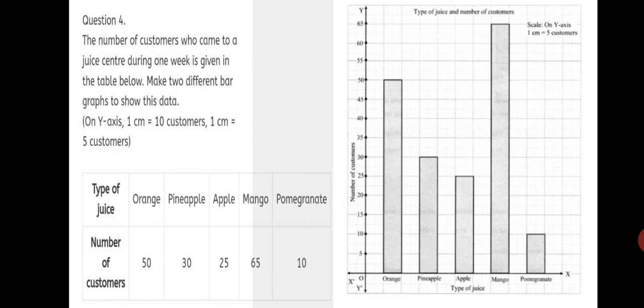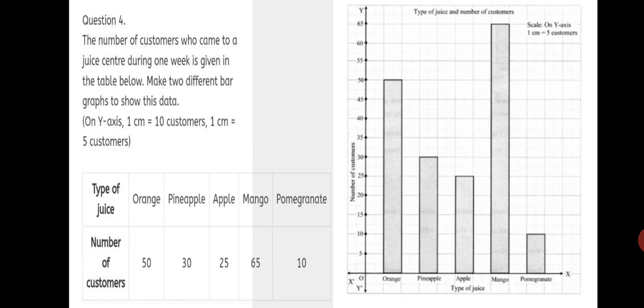So orange 50, pineapple 30, apple 25, mango 65, pomegranate 10. You will see that the bar graph has doubled in size because we took the scale half. 1 centimeter is equal to 5 customers, not 10 customers. When we took it in the first part 10 customers, the graph was small because many people covered up a small area.